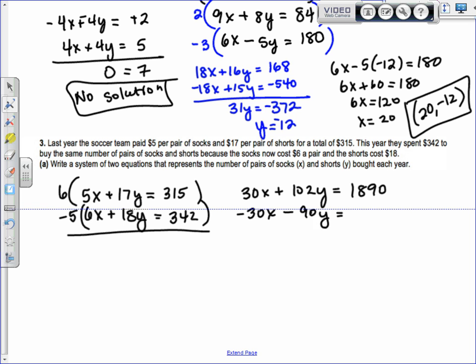Help me out with this one. Negative 1710, right. All right, so add straight down, the 30s go away. You have 102 minus 90, so that's 12y equals 1890 minus 1710, so 180. So y equals?